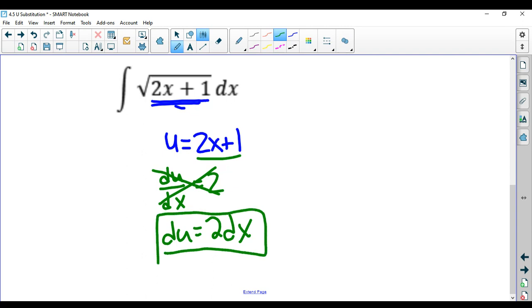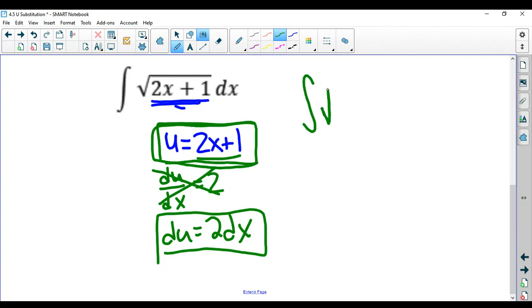So we have this and this. Now we're going to rewrite this integral using these two boxes. In other words, we have the integral of the square root of 2x plus 1, which is u, dx, which is right here, would be equal to, dx equals du over 2.